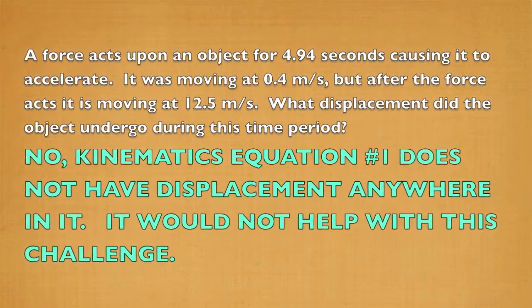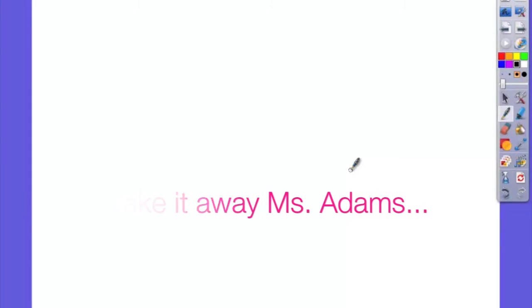Okay, so it's pretty clear we need another kinematics equation, and we got just the thing for you. Now we're ready to go to the second motion equation. Whenever we are working with displacement, velocity and time, we want to think in terms of average velocity as being equal to the displacement delta d over the time interval.